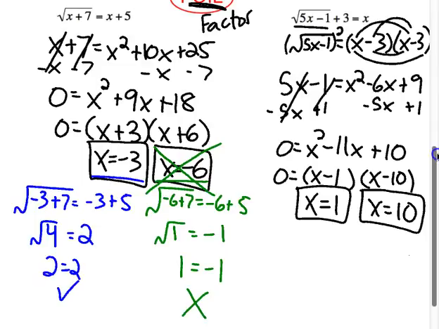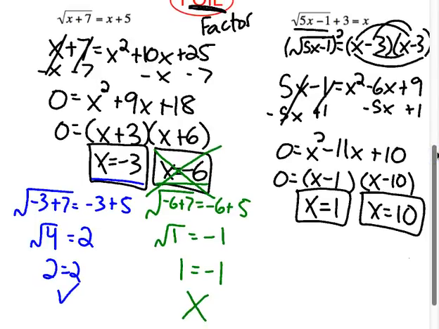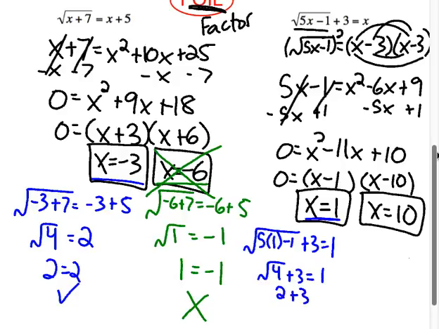All right, so in the original problem, I'm going to check this one in blue. So in the original problem, what that would look like is this. 5 times 1 minus 1 plus 3 equals 1. So this would be square root of 4. So here, I think you can see, oh, sorry, that should have been an equals.